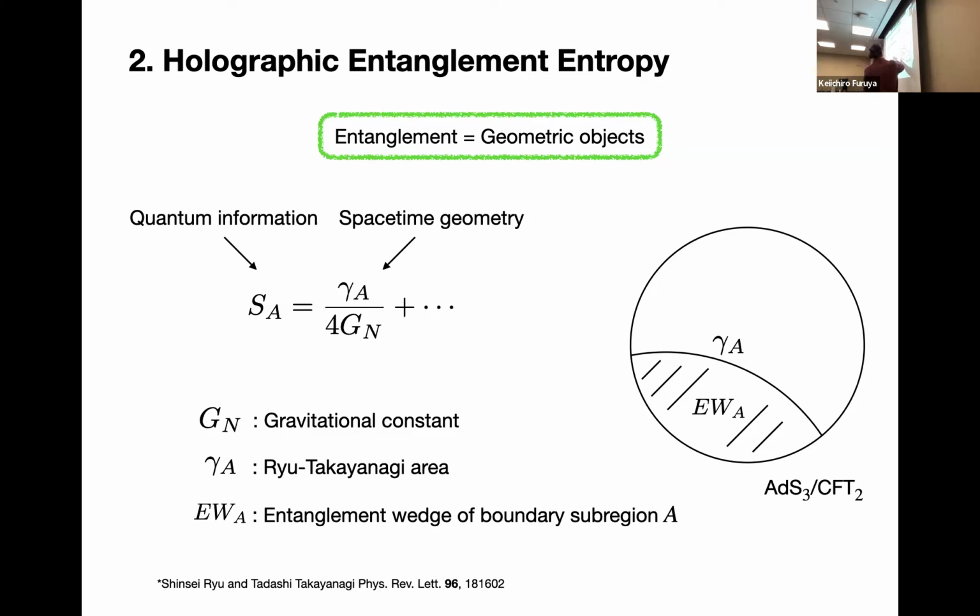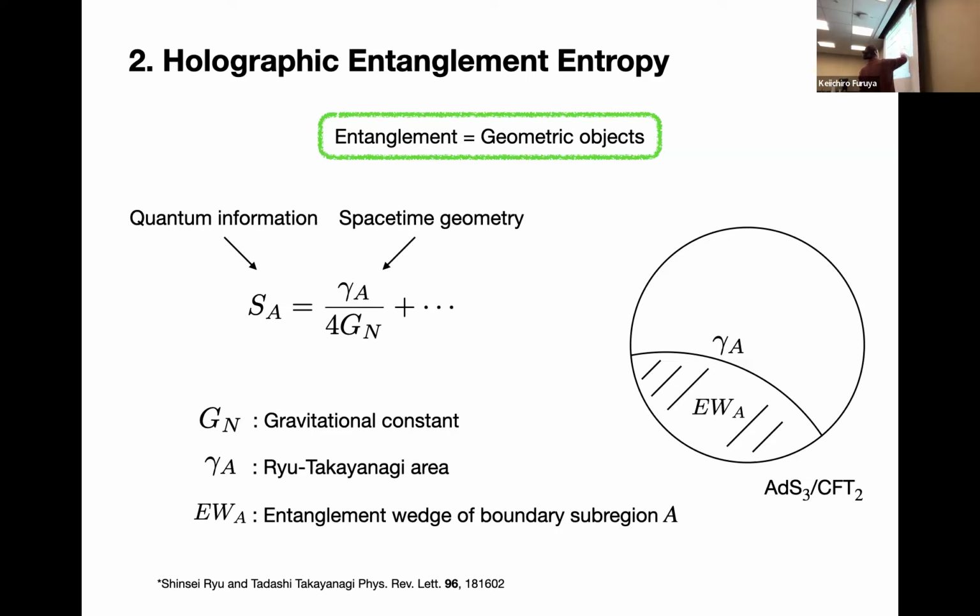Here I'm taking A as the boundary subregion. This boundary subregion has the information of this bulk region bounded by this gamma, the geodesic connecting these two. This is called the Ryu-Takayanagi surface.